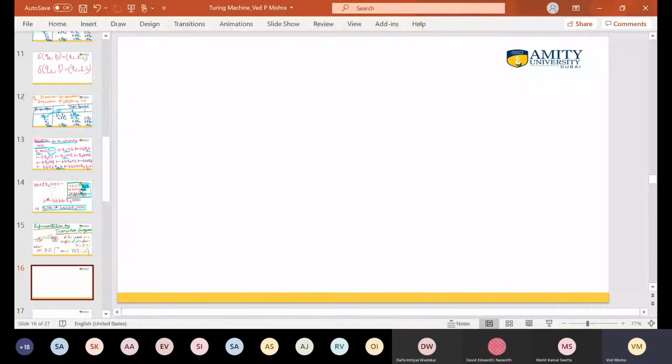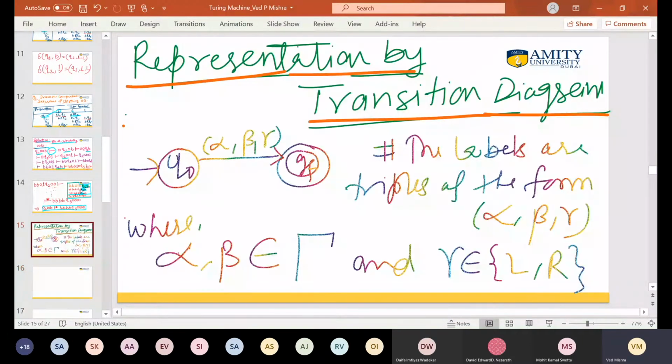Now suppose you have a directed edge from Qi to Qj. Here you have a directed edge Q0 to QF. So what does it mean?